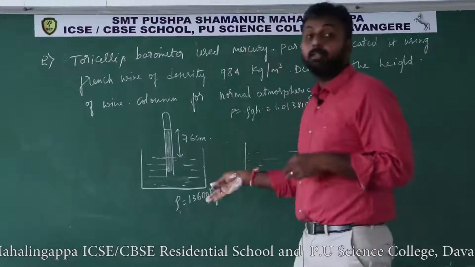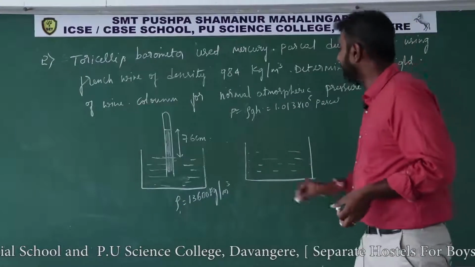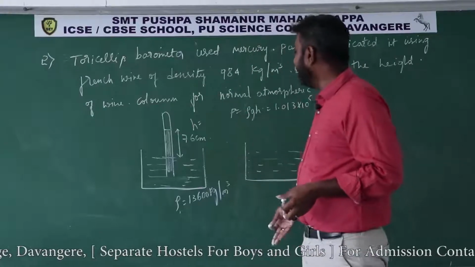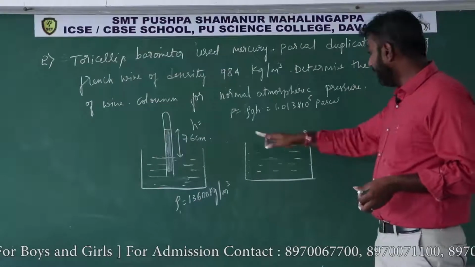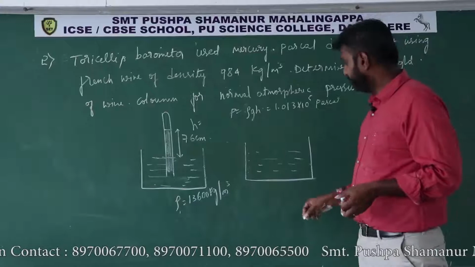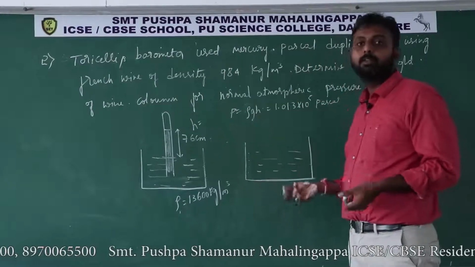This is 13.6 times greater than water. This is the density of mercury, and this is the height of the mercury column, that is 76 centimeter. So in spite of using mercury, he used wine. For that, this length of tube is not sufficient.